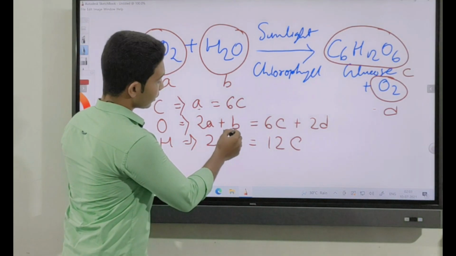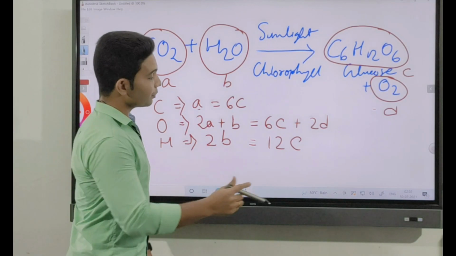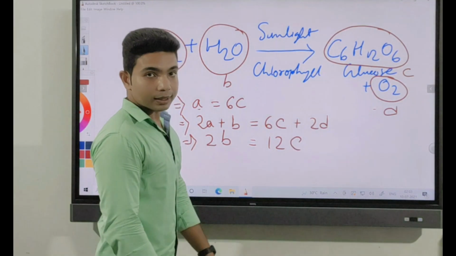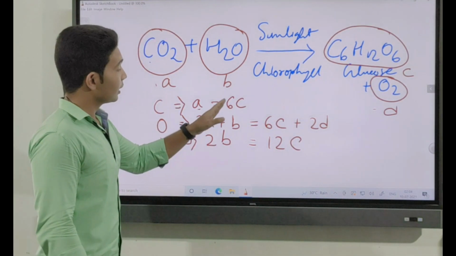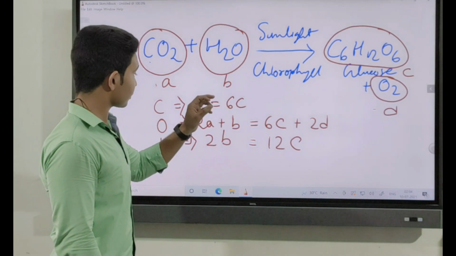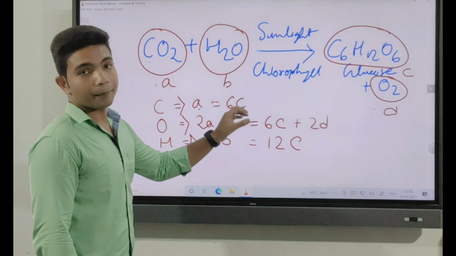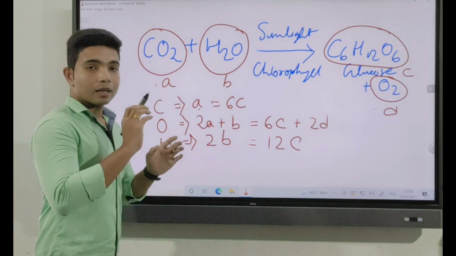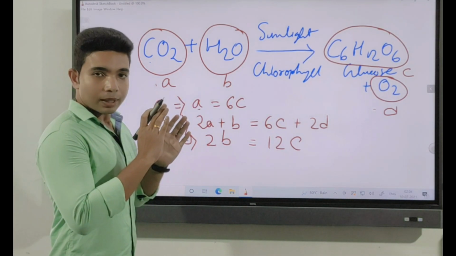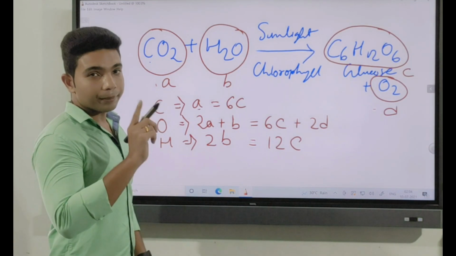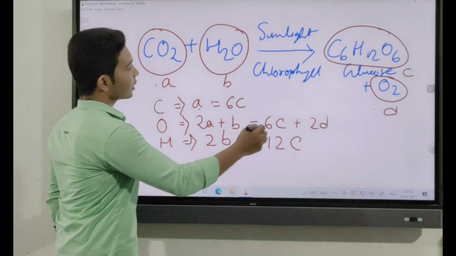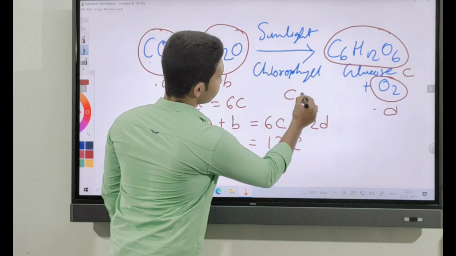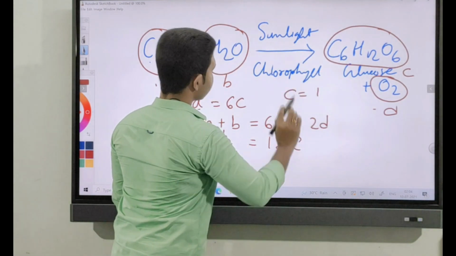B is also coming only 2 times and D is coming 1 time. So C is the alphabet which is coming the maximum number of times in this equation, right? The alphabet which is coming the maximum number of times, you are going to imagine as 1. So I am going to imagine C as 1.